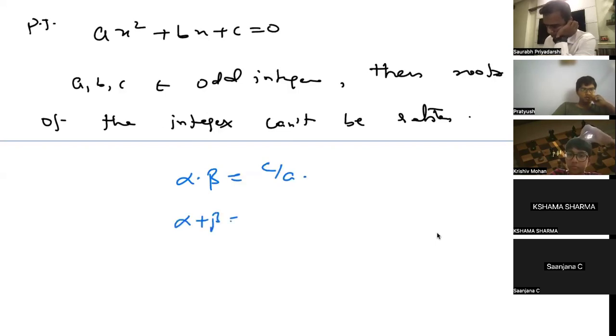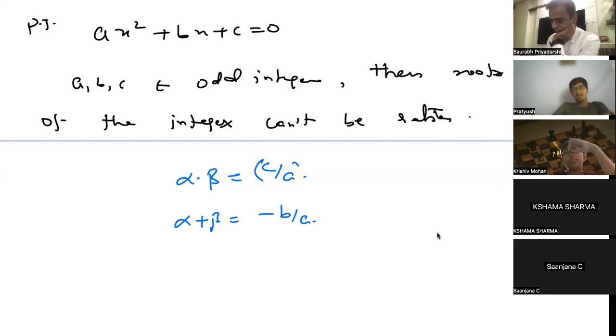Okay, you are saying alpha into beta is equal to C by A, and alpha plus beta is equal to minus B by A. Here C by A is a fraction, so alpha and beta may be rational numbers, not integers.